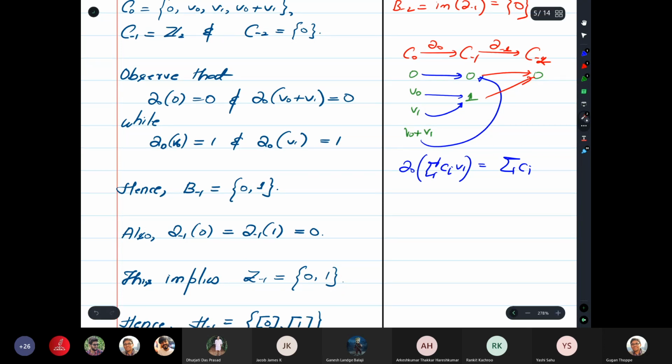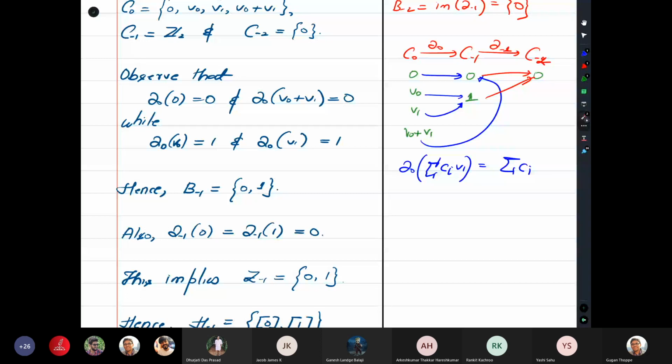Okay, so let me pause here for a second or two. I'll allow you to look at these different calculations, and if you have any questions please ask. What is important is that here B minus 1 turns out to include the elements 0 and 1, and Z minus 1 also turns out to include the elements 0 and 1, right?